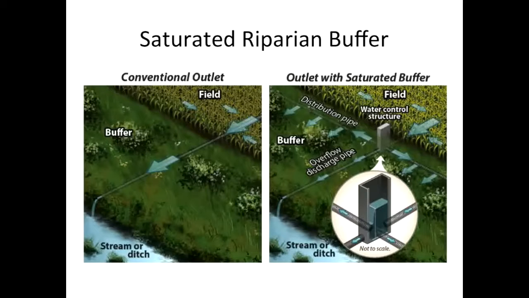Okay, so the tool we've got asks basically three questions. Do we have soil conditions in this riparian zone that are conducive to the enhancement of denitrification? And can we avoid unintended consequences from installing this practice in a particular location? The two types of unintended consequences are bank collapse.